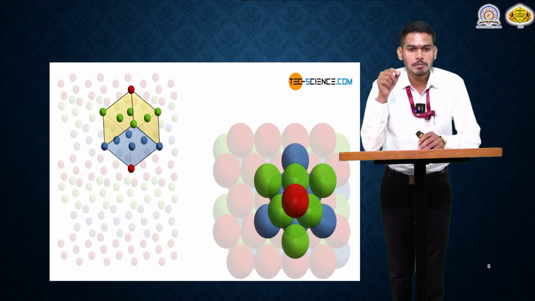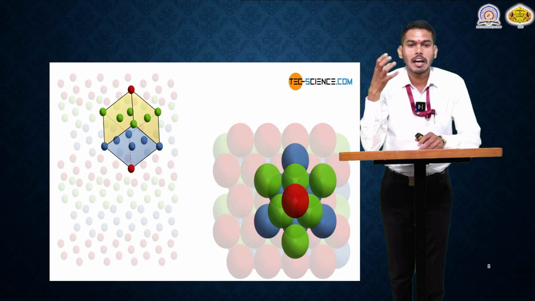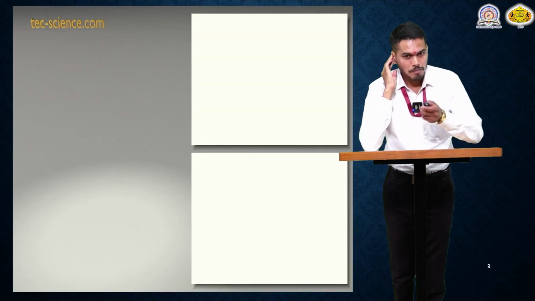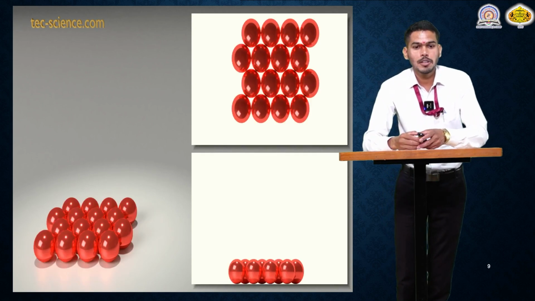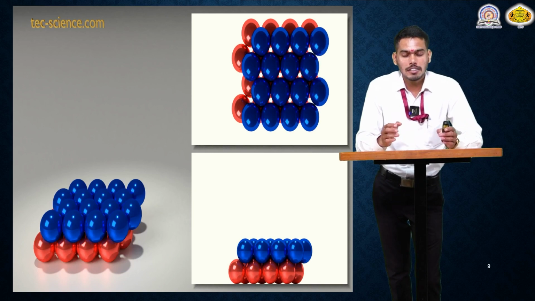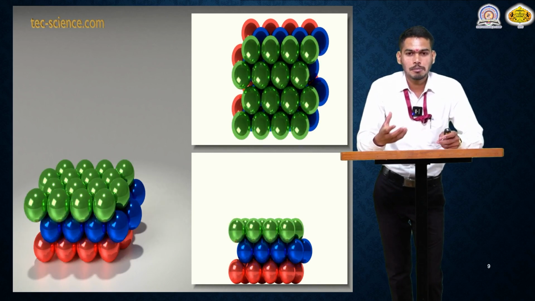In this system we see three types of arrangement, or three different atoms representing the planes. In the video we will see how the face-centered cubic system forms.